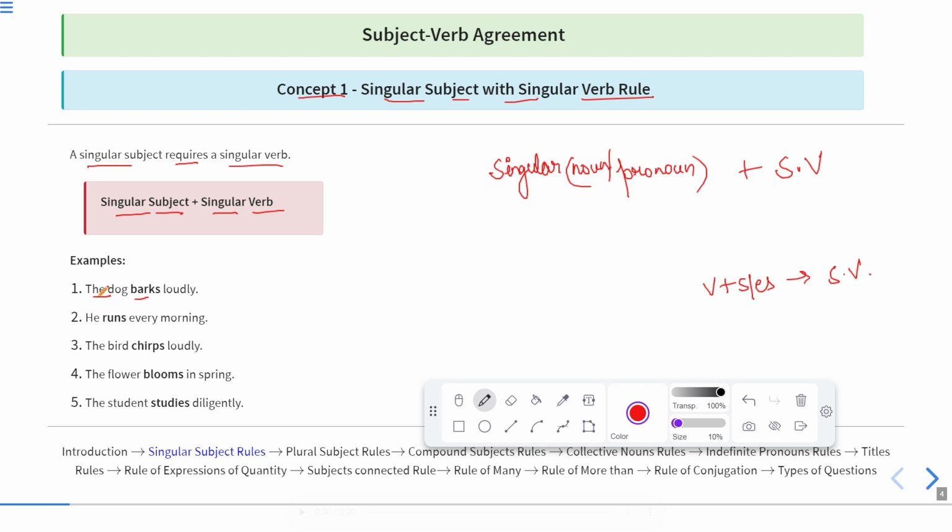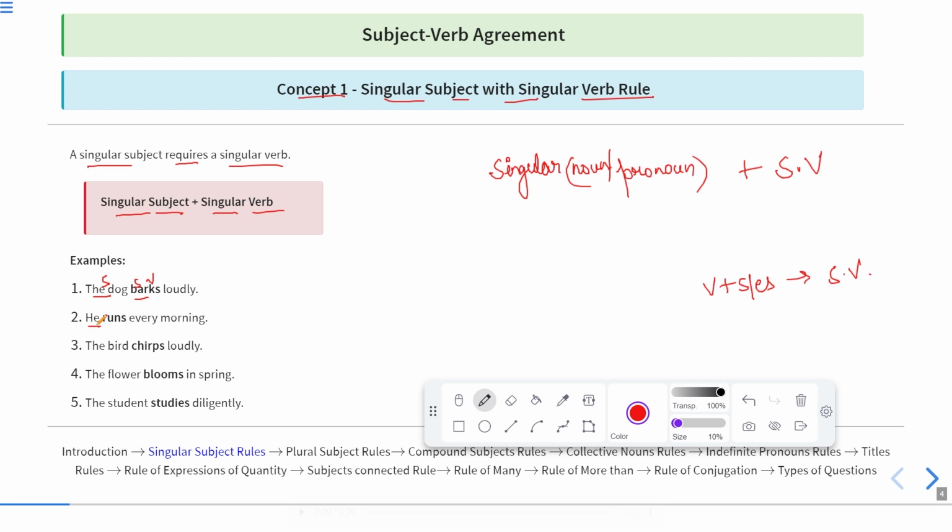So the dog is the singular subject, and bark is the verb, the sound produced by the dog. Bark is the base verb, but when we want to make it singular, we add s to it. So barks is the singular verb, which is used after the singular subject, dog. The dog barks loudly.